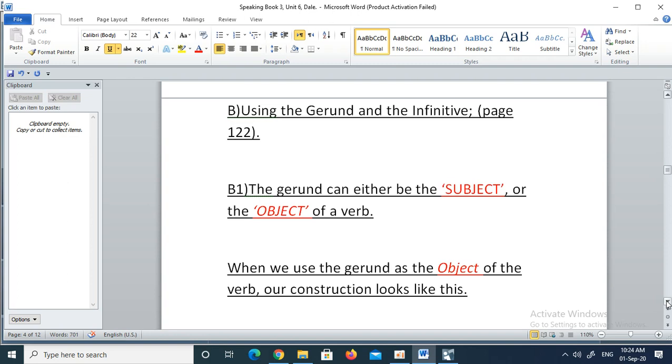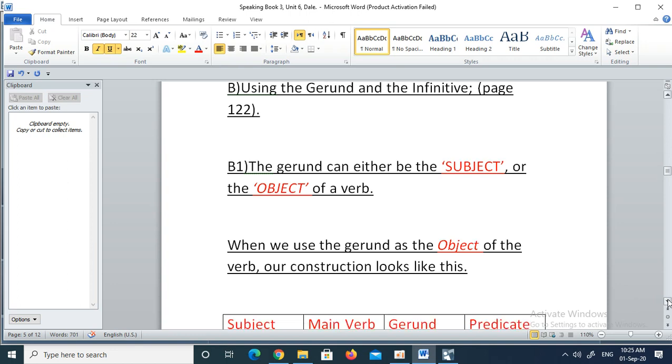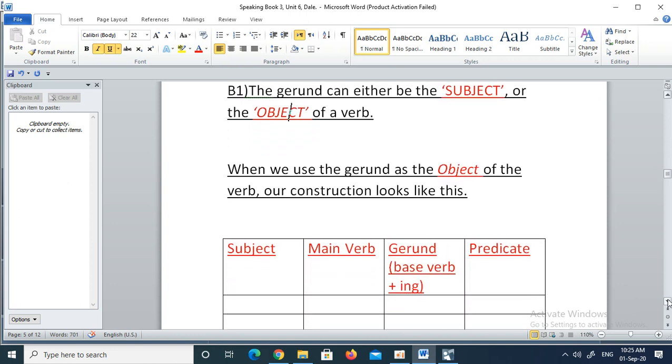The way we use the gerund and the infinitive is as follows. The gerund can either be the subject of the verb, or it can be the object of the verb. Our lesson today ignores the gerund as the subject. It only looks at the gerund as the object of the verb.